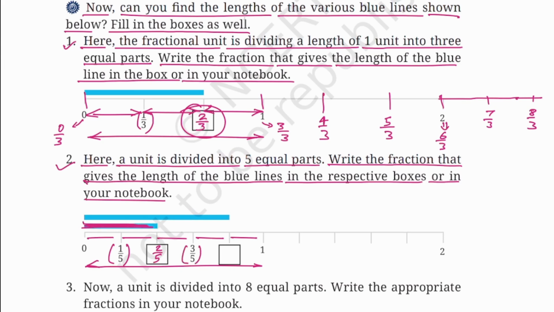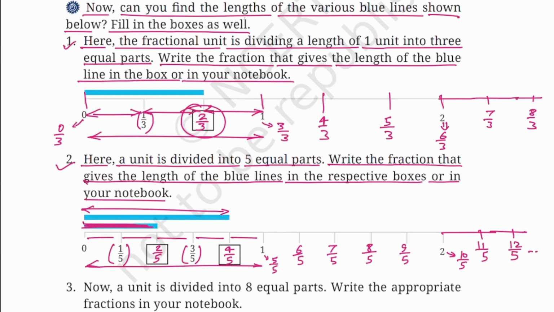Third one 3 upon 5, this one 4 upon 5, that is the length of this blue line. Similarly, you can write 1 as 5 upon 5, then 6 upon 5, 7 upon 5, 8 upon 5, 9 upon 5, 2 as 10 upon 5, similarly 11 upon 5, 12 upon 5 and so on.